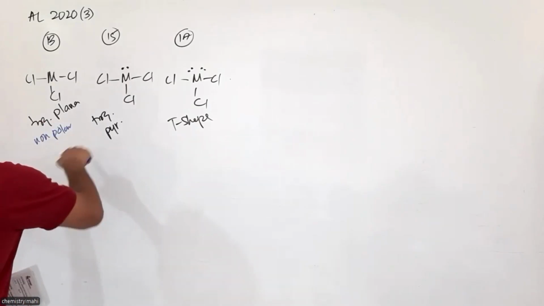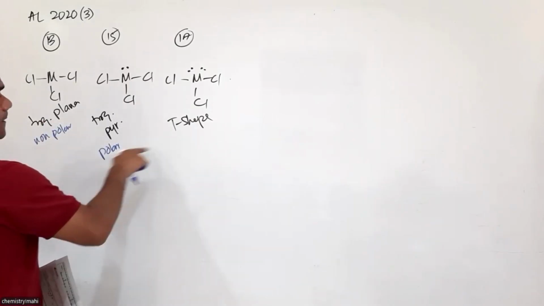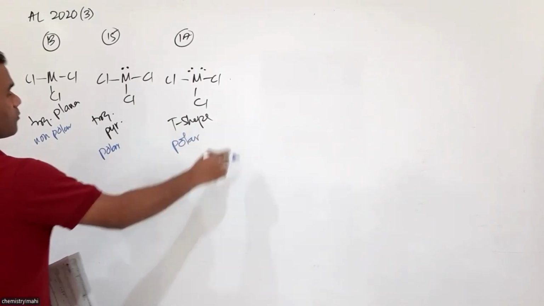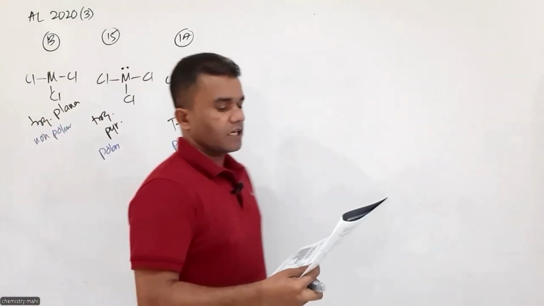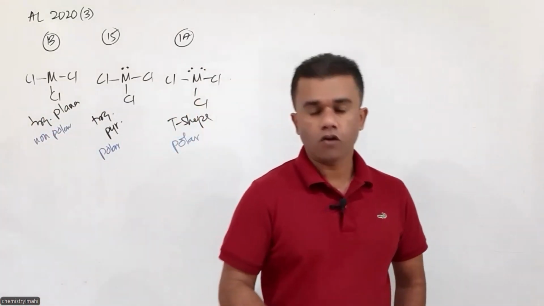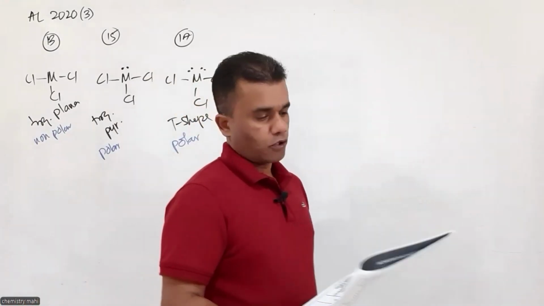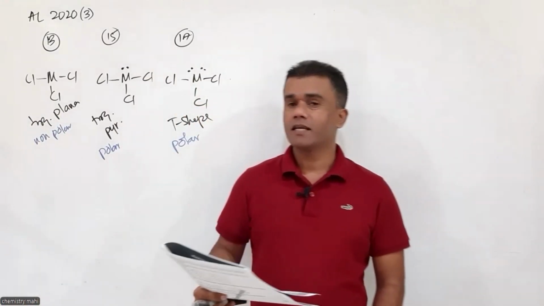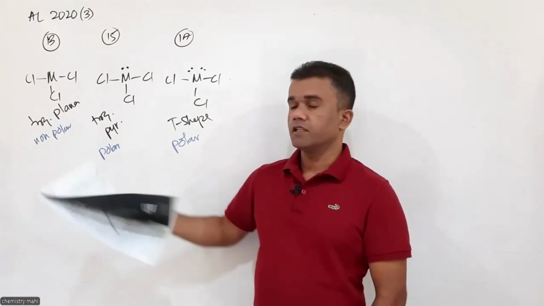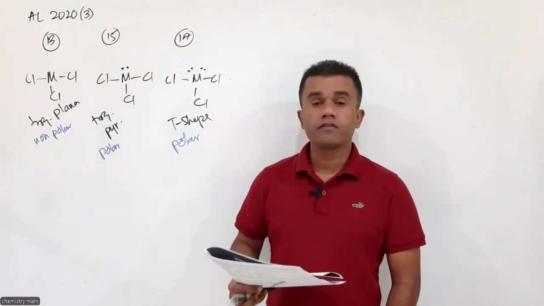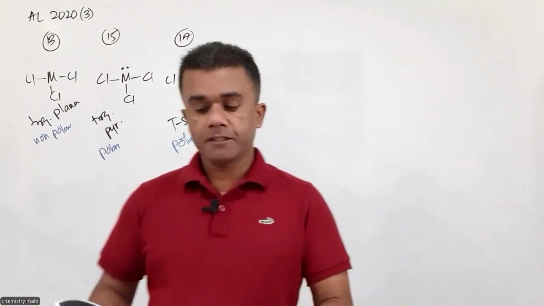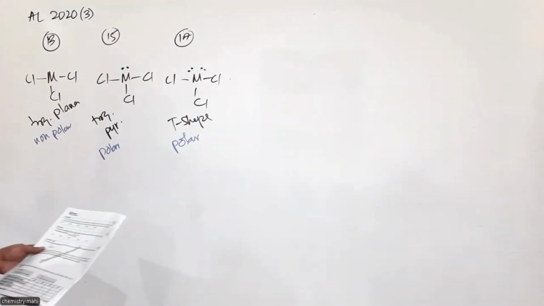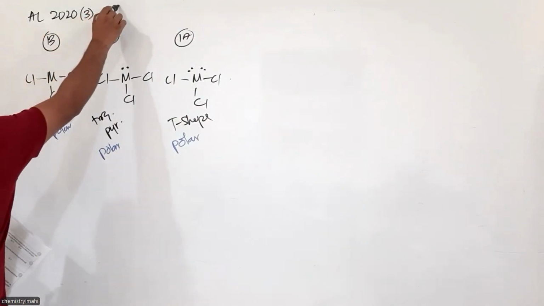Trigonal pyramid comes under the polar category. This one also comes under the polar category. If it is polar, it could be group 15 or group 17. Group 2, no. Group 14, no. Group 13, not possible because it is non-polar, no dipole moment. Group 15, possible. Group 16, not possible. So according to that, group 15. The fourth one should be the answer for this question.